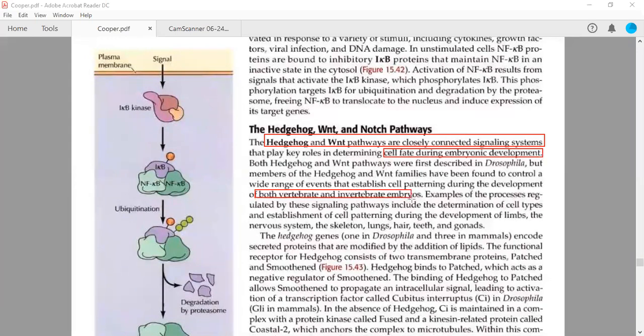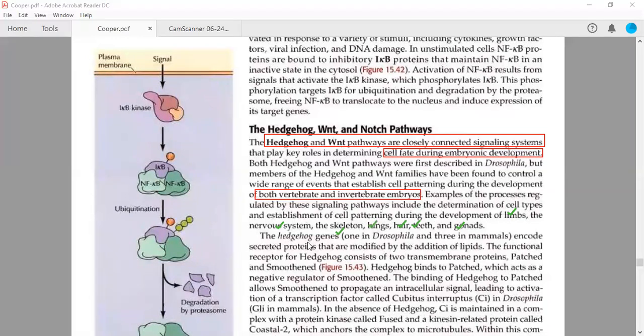Examples of processes regulated by these signaling pathways include determining the cell types and establishing cell patterning, which is the development of limbs, nervous system, skeleton, lungs, hair, teeth, and gonads. These are all under the control of these pathways, majorly the Hedgehog and Wnt pathways, which are very closely related.